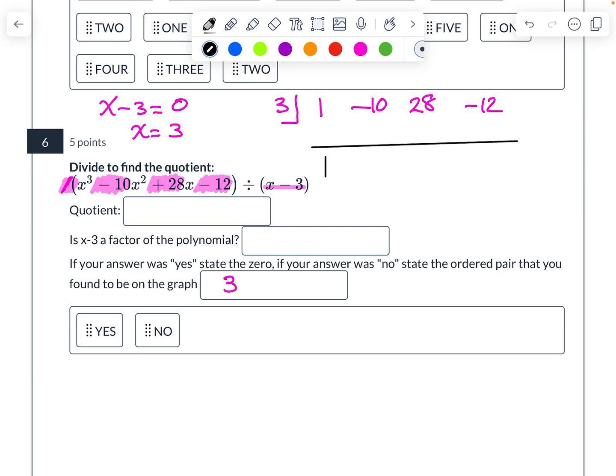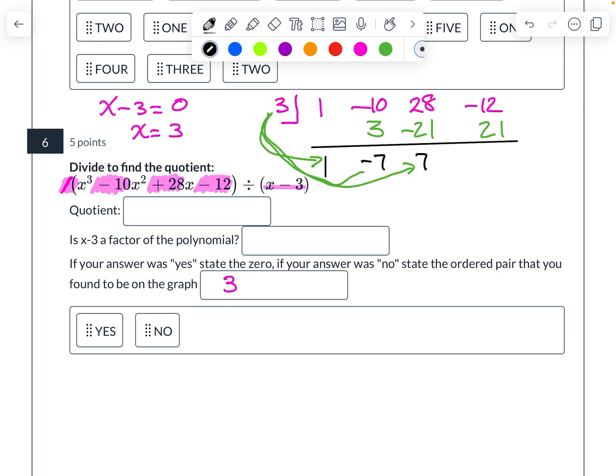It's a 1. Now I'm going to take 3 times 1 and get 3. -10 and 3 are -7. I'm going to take 3 times -7 and get -21. 28 minus 21 is 7. Did I mess this up? Oh, no, I didn't. And then I'm going to take 3 times 7 and get 21.